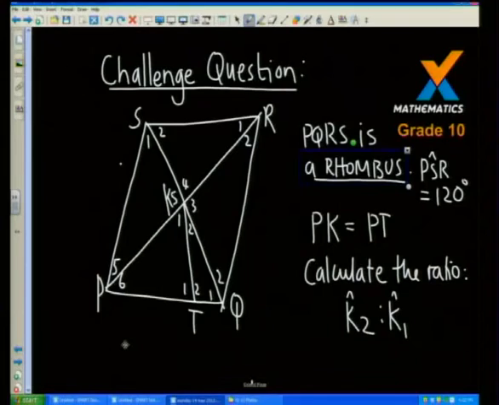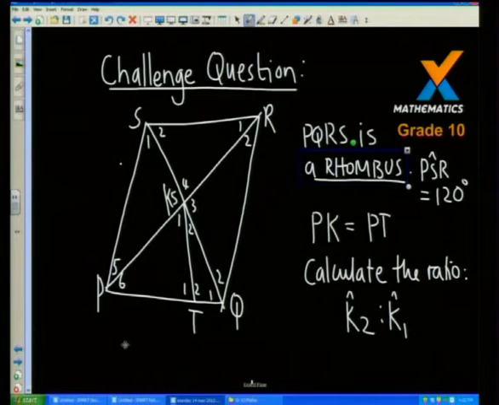is as follows. We've got a rhombus, PQRS. The vertex angles have been labeled because SQ and RP, the diagonals, have been drawn. So to go through it again, PQRS is a rhombus with diagonals SQ and RP.